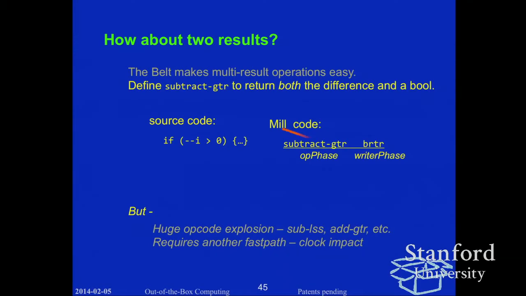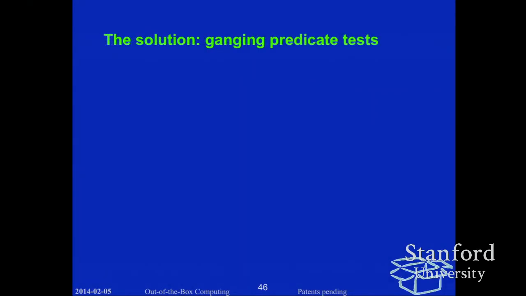So that isn't going to work. Solution. We gang a predicate. The ALUs unconditionally and always provide what would be a condition code set horizontally to the adjacent slot.